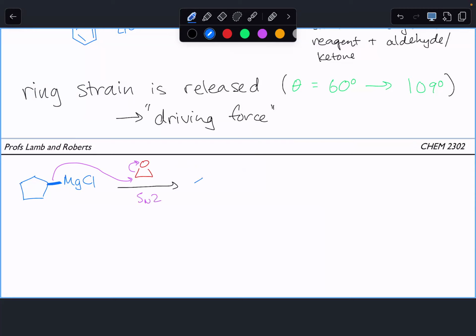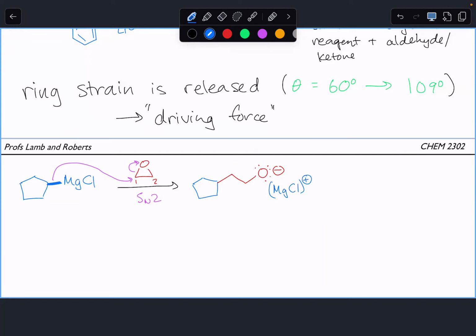So that means that we have our nucleophile attached to the 1 carbon, then we have a 2 carbon, and then we have our oxygen, which gained electron density, so it should now be negatively charged. Our counterion is now magnesium chloride. That whole thing is positive.